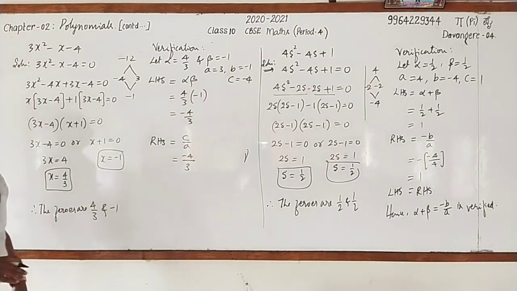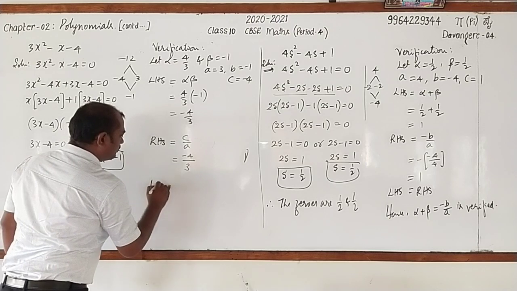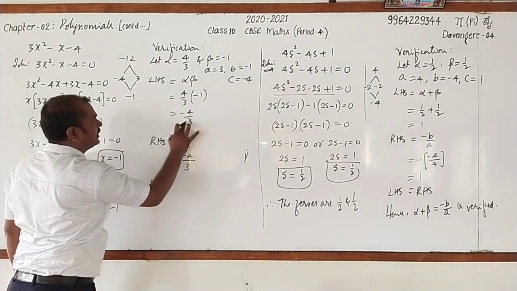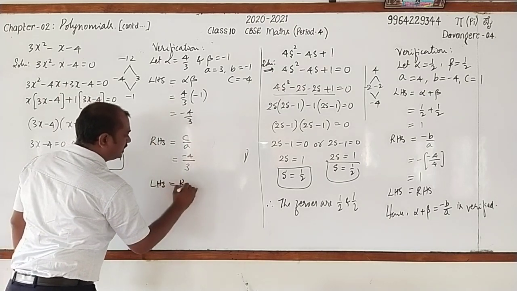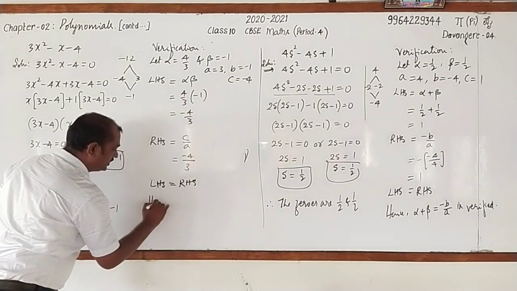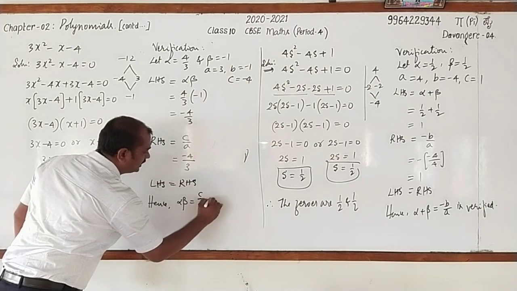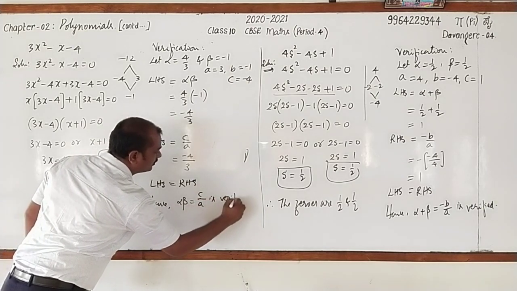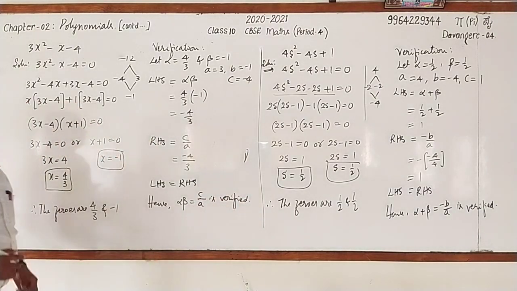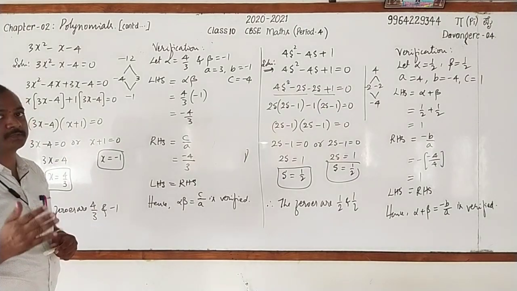This is also minus 4 by 3. So, by comparing LHS and RHS, we can write LHS equal to RHS. Hence, alpha into beta equal to c by a is verified. Right? Okay. Now, we will move on to the next problem.